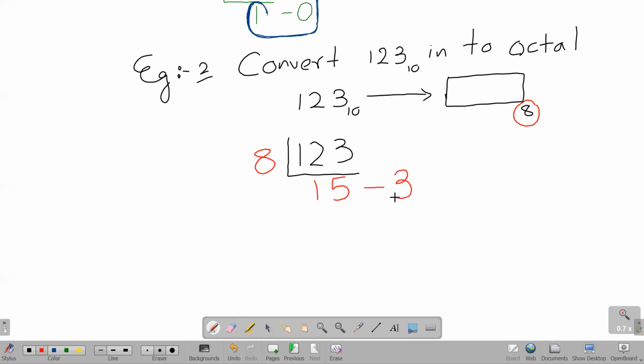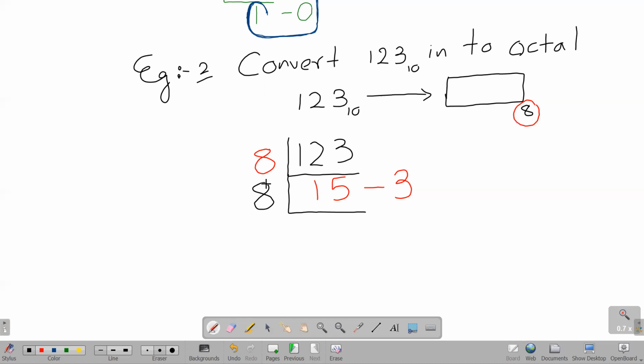So again, the same technique. We are going to divide this until when? Until we find something less than 8. In the previous conversion, we divided until we found something less than 2, because we were dividing by 2.